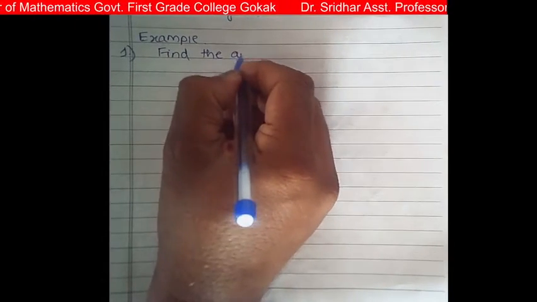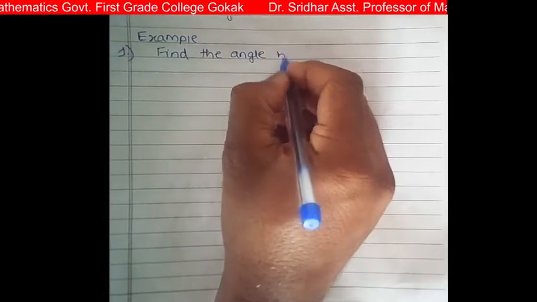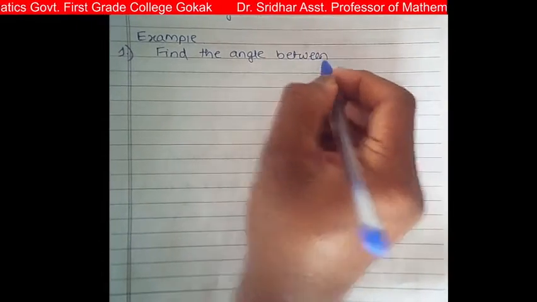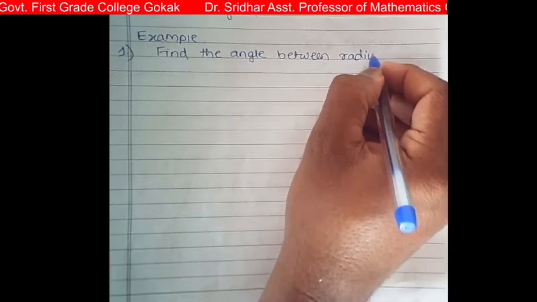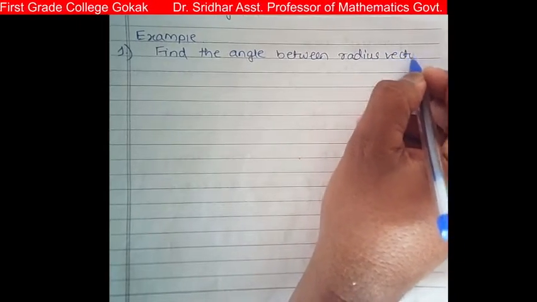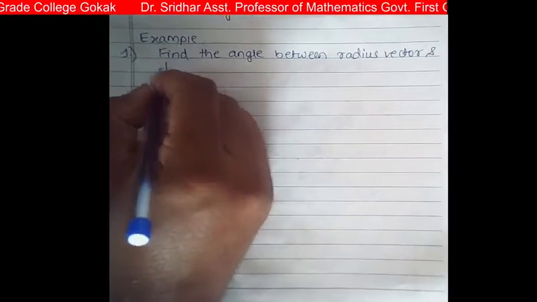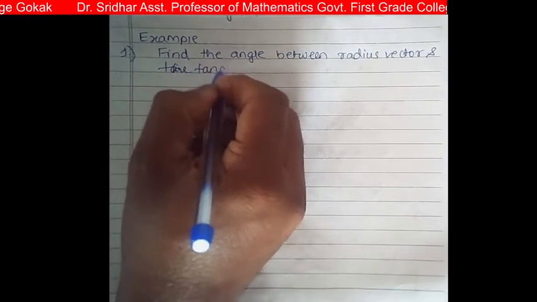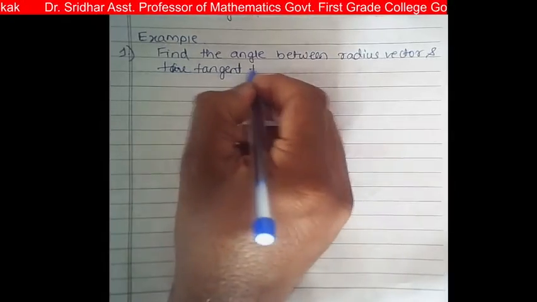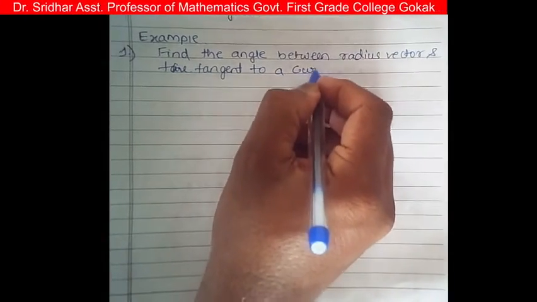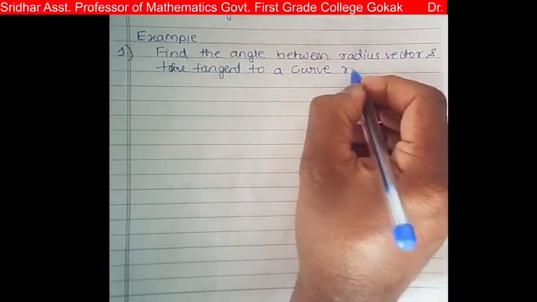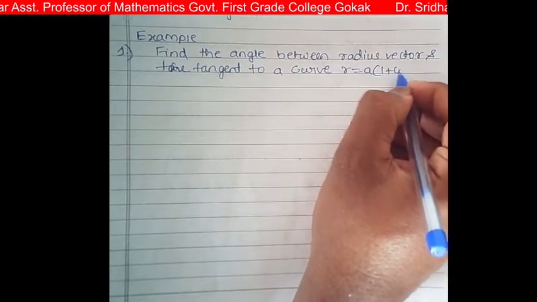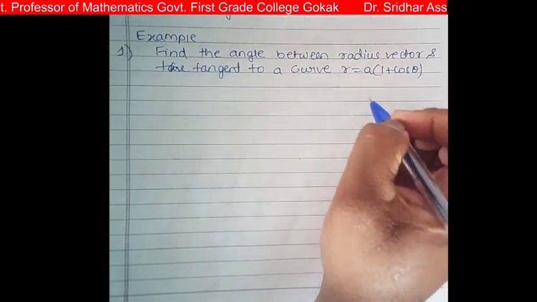First one: find the angle between the radius vector and the tangent to the curve r is equal to a into 1 plus cos theta.